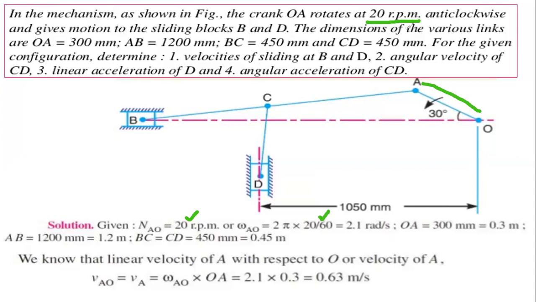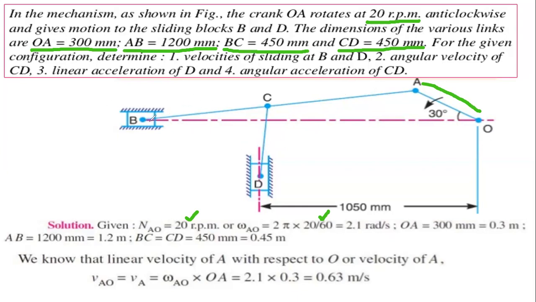Then we have the dimensions of the various links: OA is equal to 300 mm, AB is equal to 1200 mm, BC is equal to 450 mm, and CD is equal to 450 mm. Here OA is the crank, with crank length 300 mm. Next, AB is the connecting rod, and the length of the connecting rod is 1200 mm.